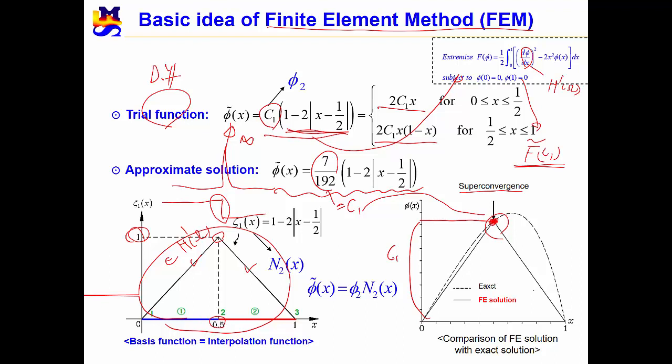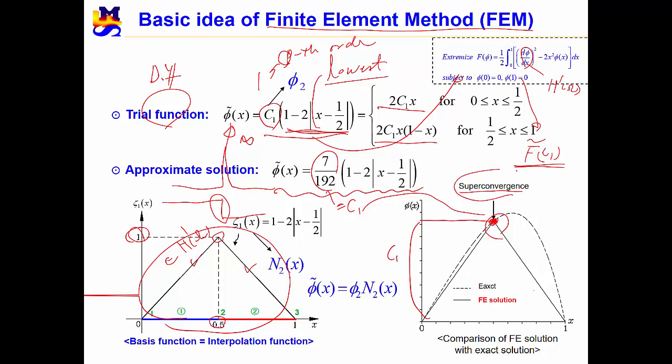Let's summarize our experiences of this example before moving from classical approximation to modern computer-based approximation, that is FEM. We employ the lowest order basis function, which belongs to the pth order Sobolev function space. In this case, p equals 1.